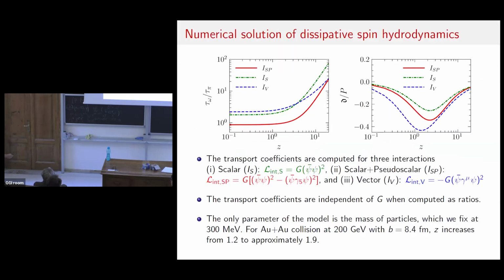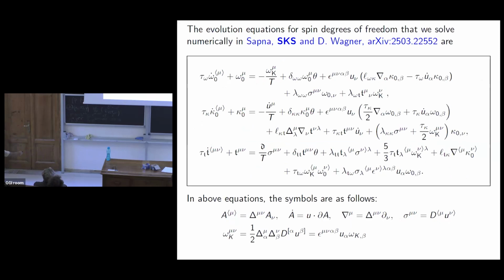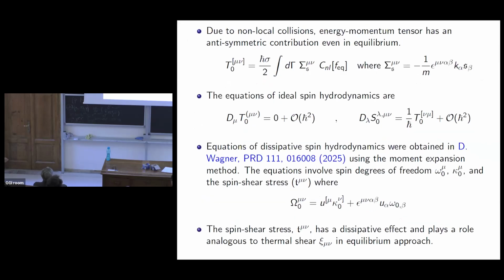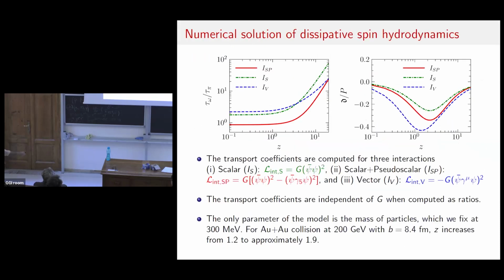But then we have this D term, which controls the magnitude of the shear term. But is D calculated or fitted? No, D is calculated. So this is D. I have the plot, I don't have it here, but it's shorter.